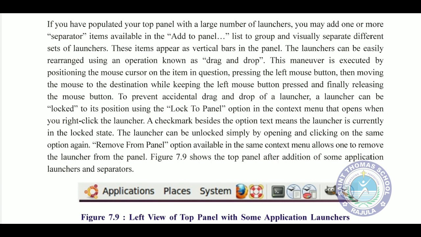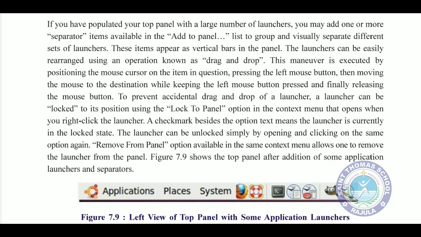Then the next is Lock to Panel. Suppose you don't want to move the icons from their place, you want to set them at a specific place and nobody is allowed to change the place of those icons, then you can lock the icons. That is possible through the Lock to Panel option in the context menu. When you right-click on that icon, the context menu will open.